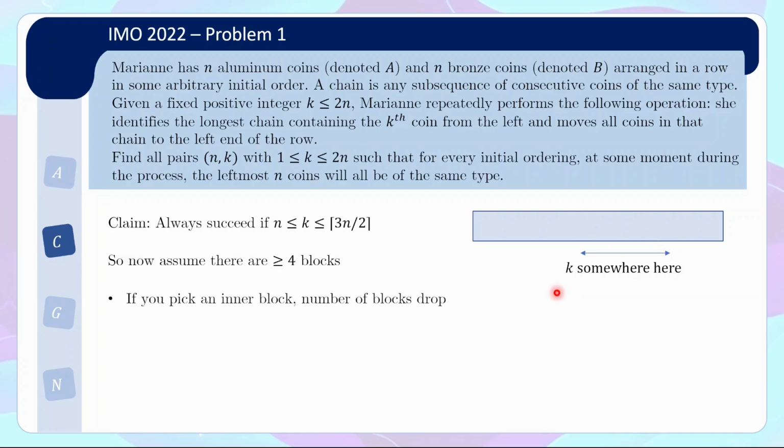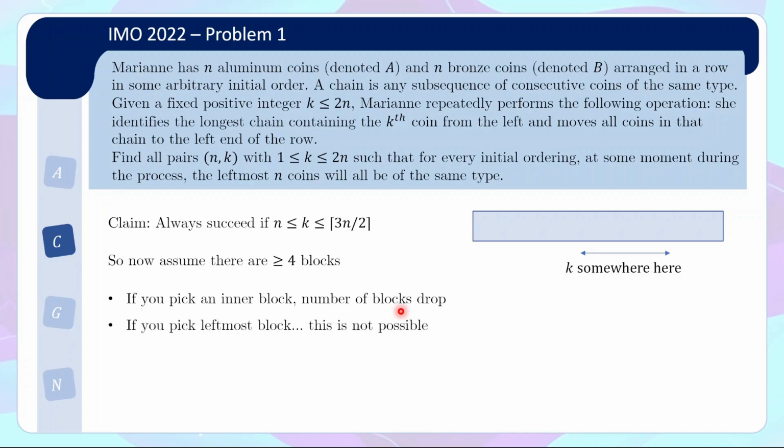Let's see the specifics. Firstly, here are some observations. If you are picking an inner block, that means not the leftmost or the rightmost block, then after you shift it all the way to the left, the neighboring left and the neighboring right block will be combined, so the number of blocks will drop.